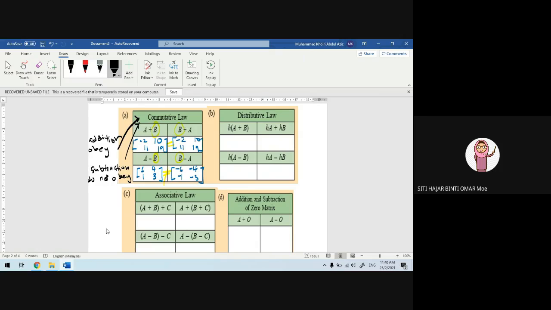Okay, now we go to distributive law. Your answer should be, for left hand side, your final answer is this one. Your right hand side.